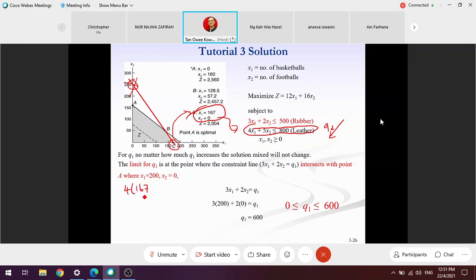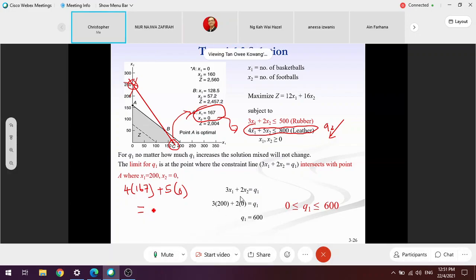167 or 166.77 plus 5, 0. What you will get? This one? Anyone? Okay, so where should I put 668?